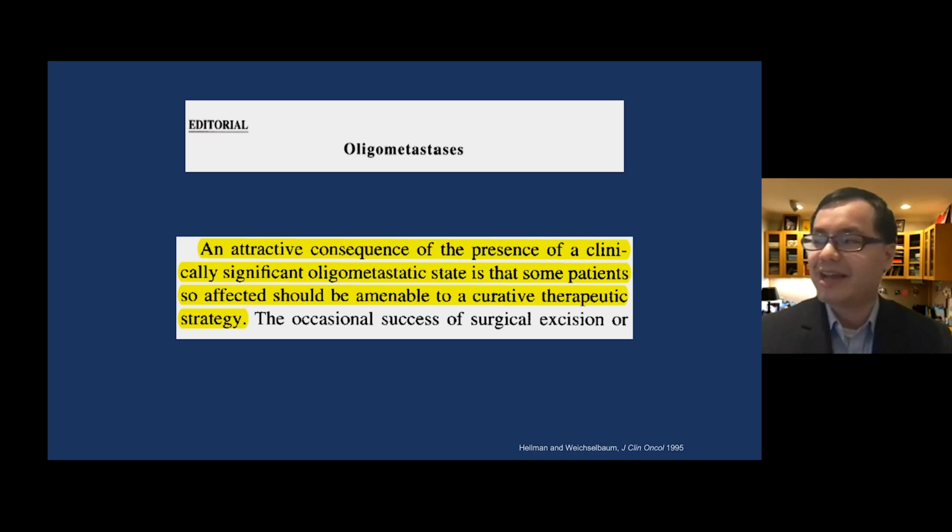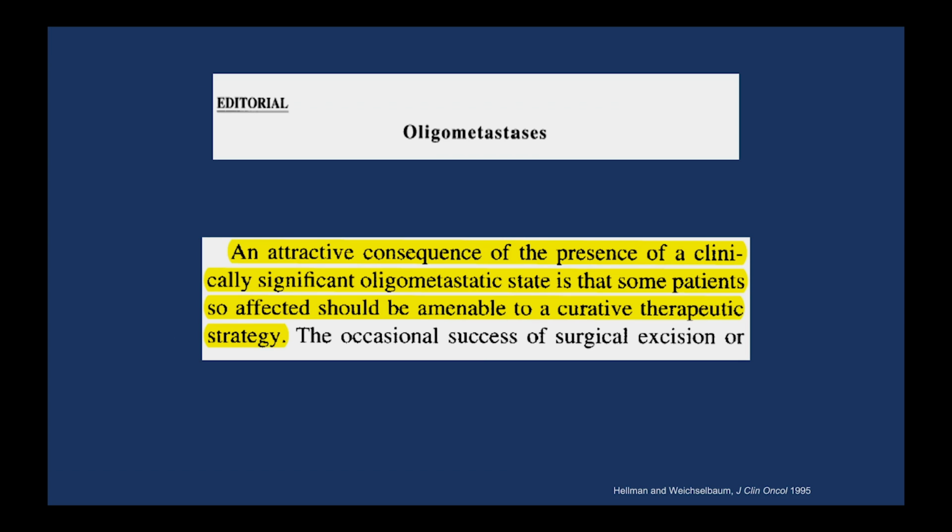They highlighted that in an editorial written back in the mid-90s. The idea was that some of these patients would be able to undergo more aggressive local forms of treatment to try to eliminate these limited sites of metastatic cancer.